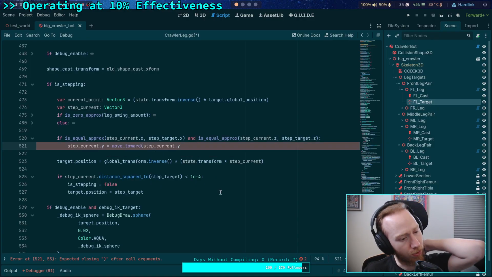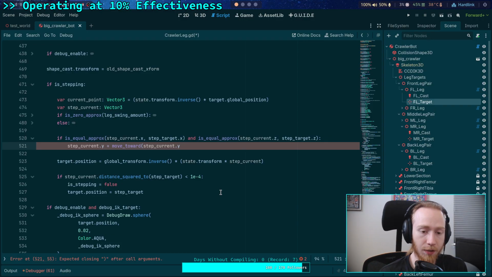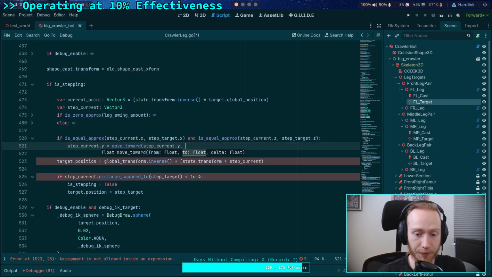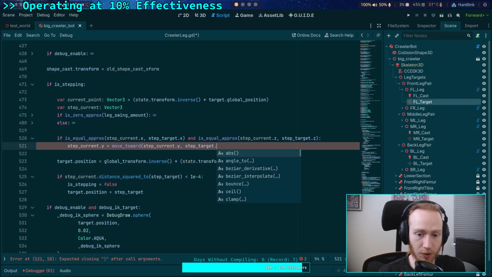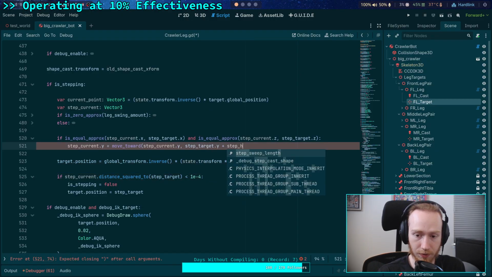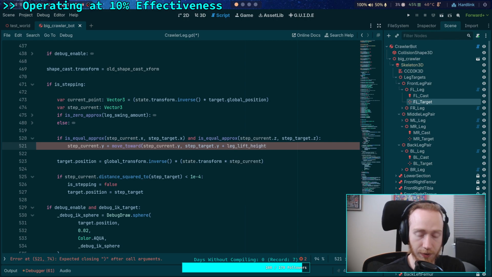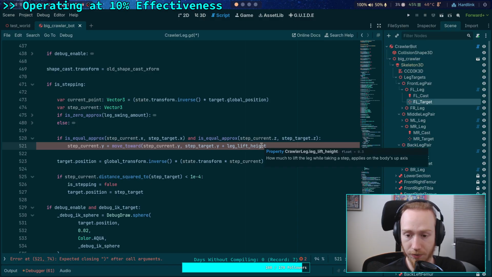I think I'm moving it towards the target plus that height. So it'll be moving from here to step target Y plus leg lift height.